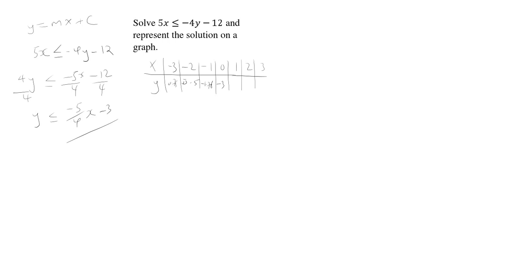We get negative 3. We get negative 4.25. Then we get negative 5.5. And lastly, we get negative 6.75. So you just substitute x values in this to get y values.